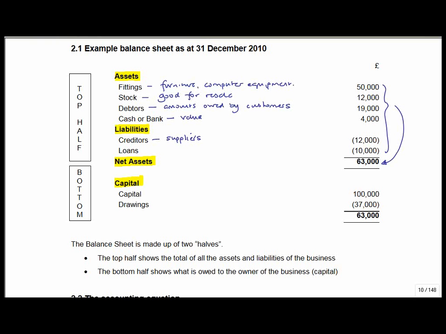And then in the bottom half of our balance sheet, we have capital. So in this case, we can see that the owner put in 100,000 of capital, but has taken out drawings of 37,000. So drawings are effectively like a reduction of capital.